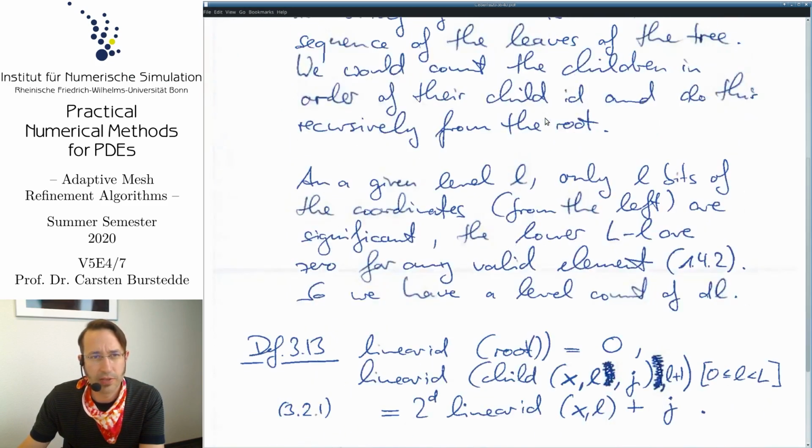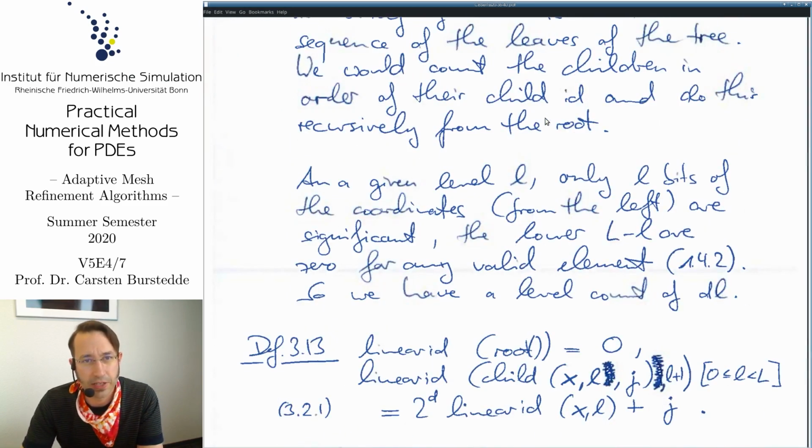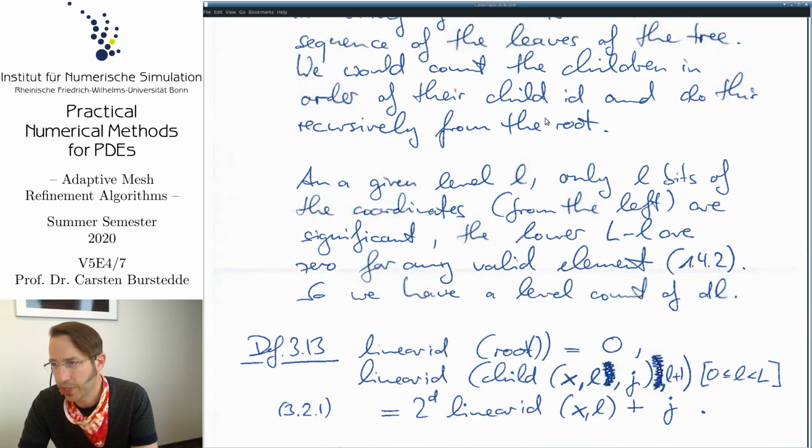As I said, we will count the children in order of their child ID and do this recursively. So at any given intermediate level, little l, which is anywhere between 0 and big L inclusive, we have only l bits of information in each coordinate, which we call significant.